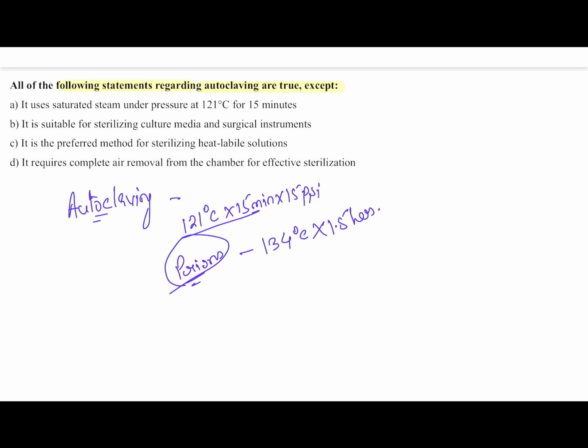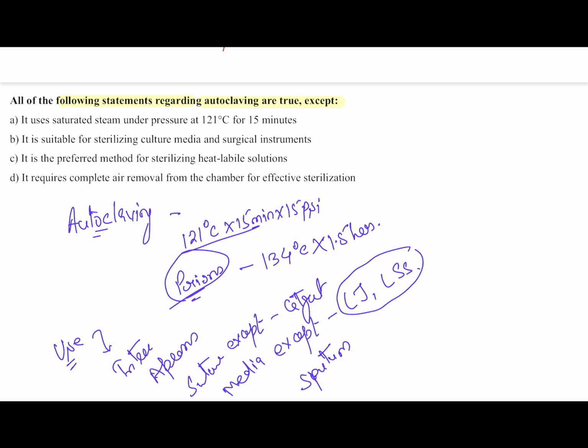These are not sterilized by this because they contain egg, and sputum and all those are also sterilized by autoclaving. These two are mainly sterilized by inspissation.